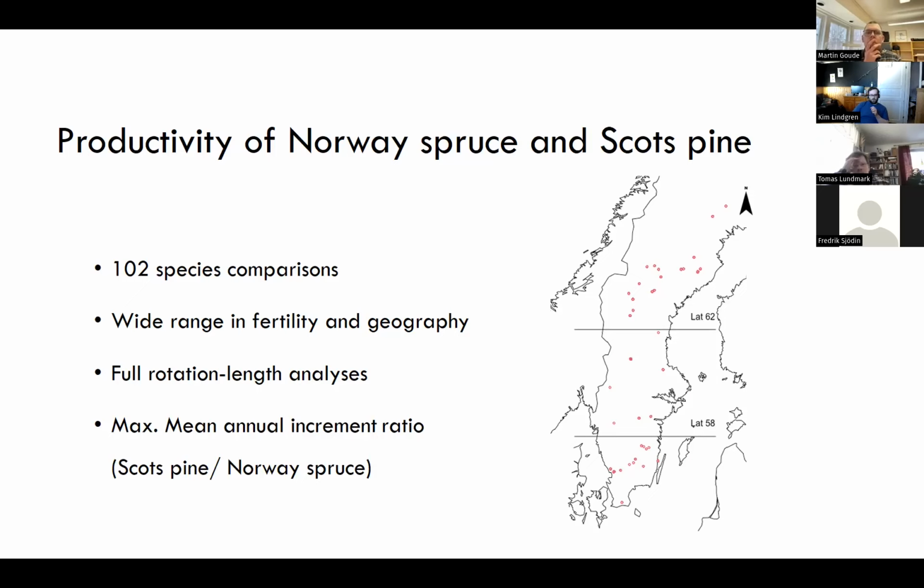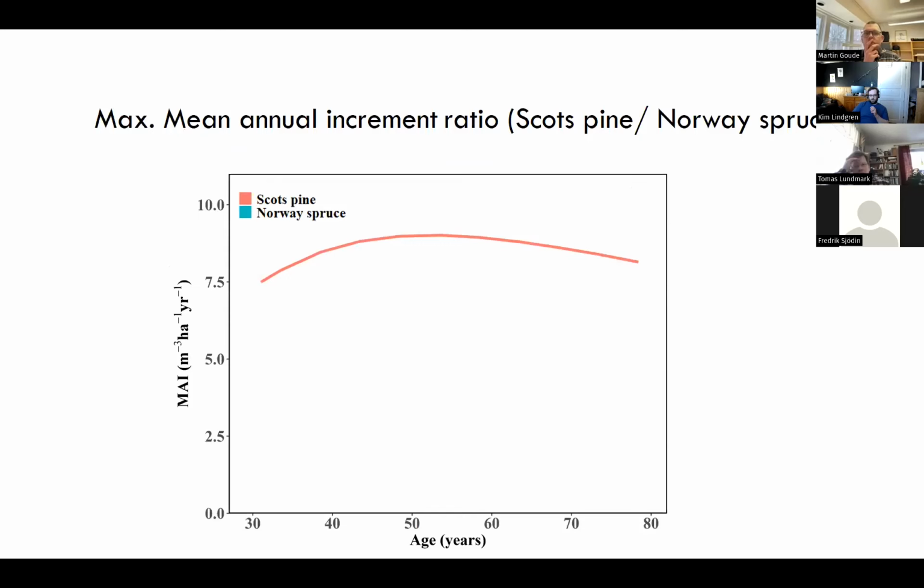So I will try to use an example to visualize what we actually did. If we take one species comparison of Scots pine and Norway spruce, in that case the actual stand was 30 years old, and that was the starting point of our simulation. So the rest of the growth of both species after 30 years, when the stand was measured, was simulated in Heureka.